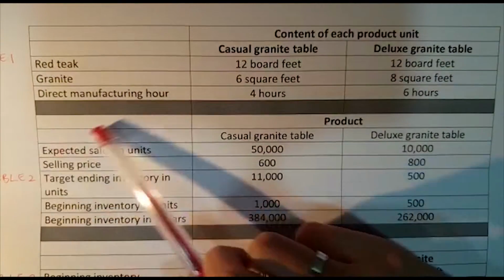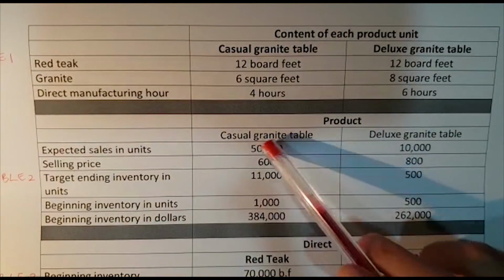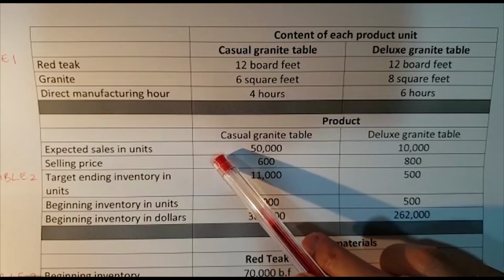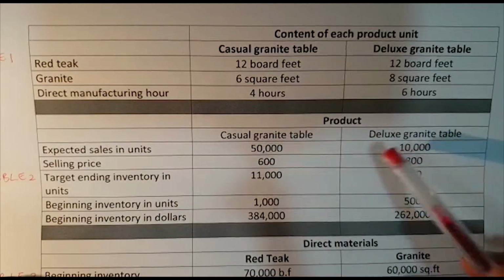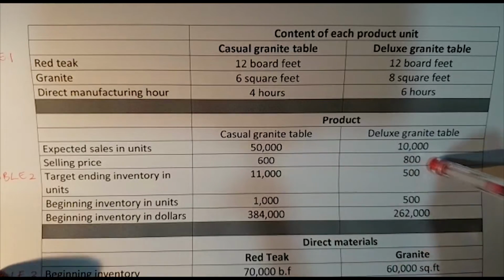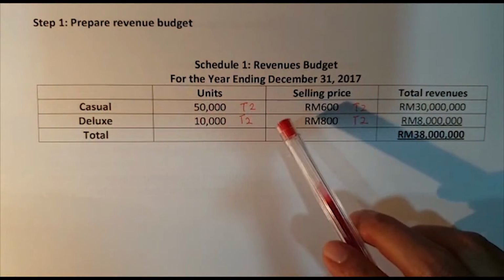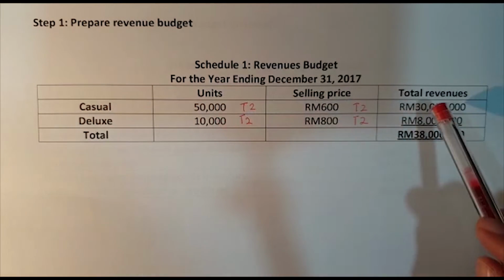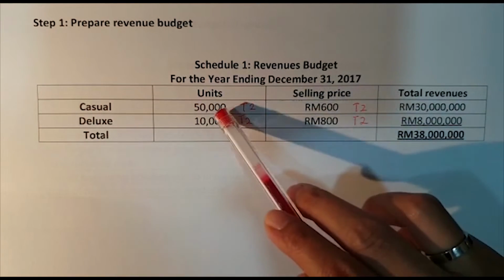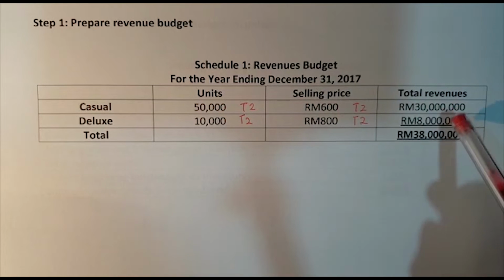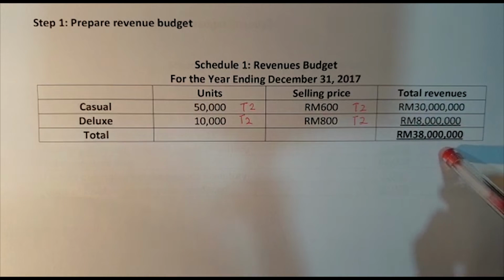Here is table 2, and as you can see, the expected unit sales are 50,000 and 10,000, and here are the prices, and we just put them here in the budget in Schedule 1. We multiply 50,000 by 600, and we get this figure, and this is the total figure, that is 30 million.